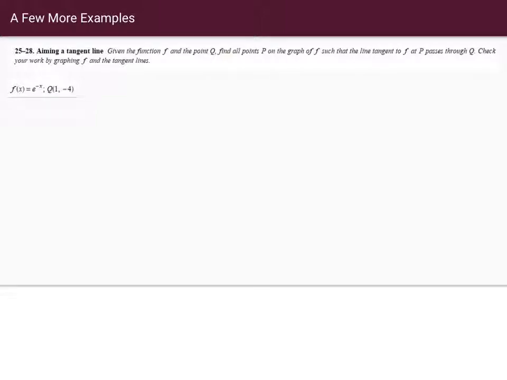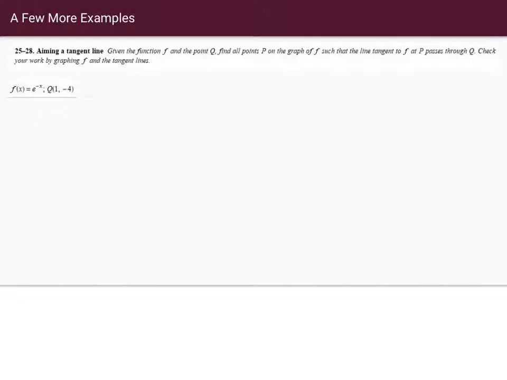Let's try one more application problem. In this case, we're actually going to aim a tangent line. It says, given the function f and a point Q, find all the points P on the graph of f so that the tangent line to f at P passes through the point Q. Check your work by graphing f and the tangent lines. So f of x should be equal to e to the minus x power, and Q should be equal to 1, -4.